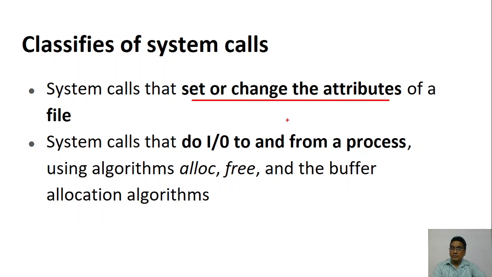There are also the system calls that do input output to and from a process using algorithms such as alloc and free. These make use of the buffer for allocating and maybe deallocating.